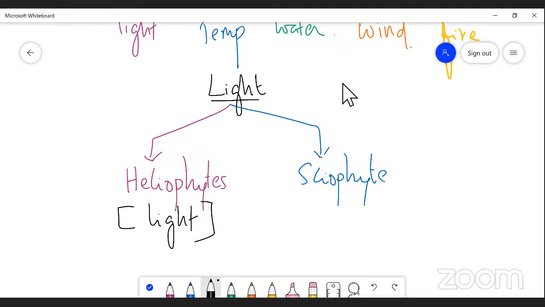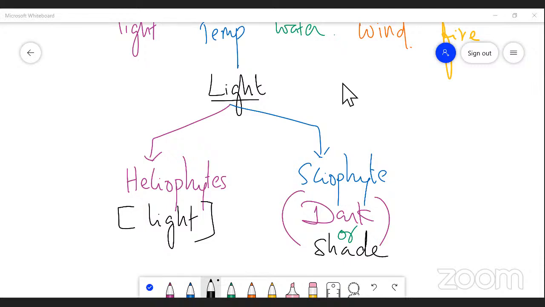Whereas sciophyte means just the opposite. Dark-loving plant. Simply, I can say light is not needed, but instead dark or shade. It is also known as a shade-loving plant. Dear students, please understand. Based on the requirement of light, the plants are classified into two types.